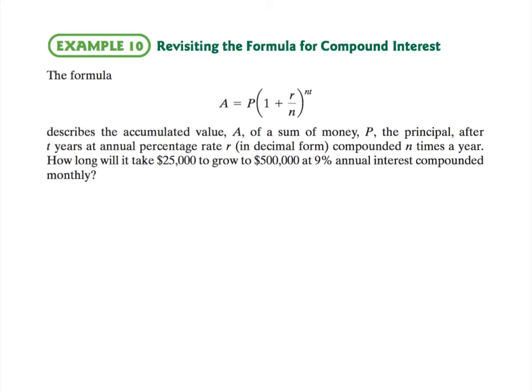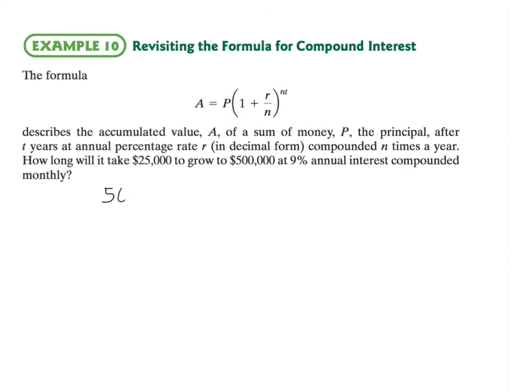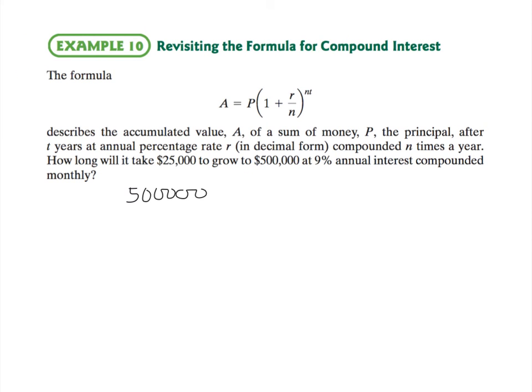So the very first step here is to just set it up. So we get 500,000 is equal to 25,000 times 1 plus, and my interest rate is 0.09 over 12, and then 12t. So I need to solve this equation for t.